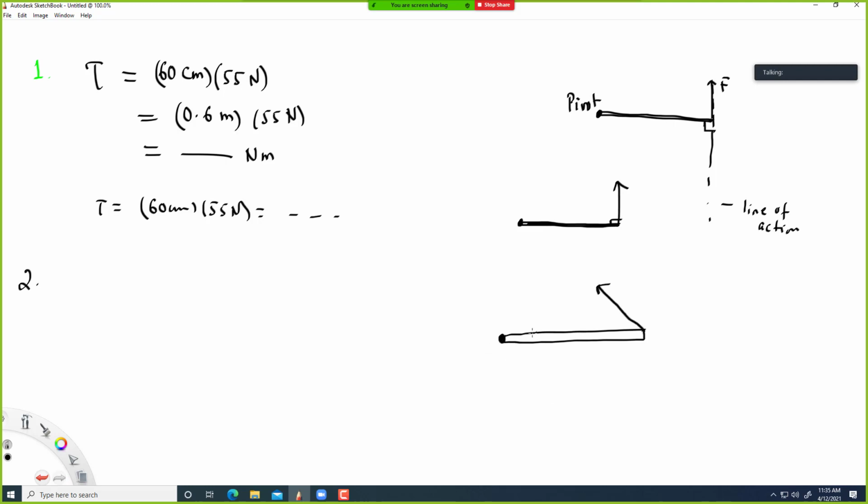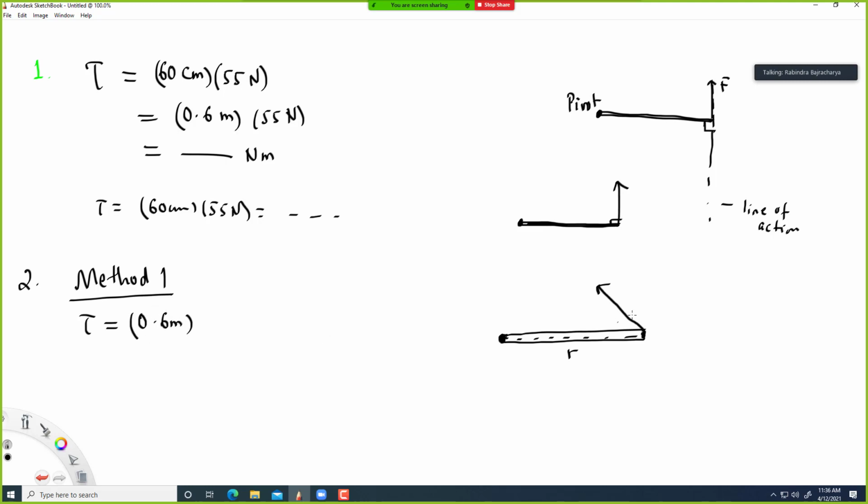So method 1. In method 1, torque is the distance between the force and the pivot, this distance. So, what is that distance? Is it given? Yes, 60 centimeters, 0.6 meters.